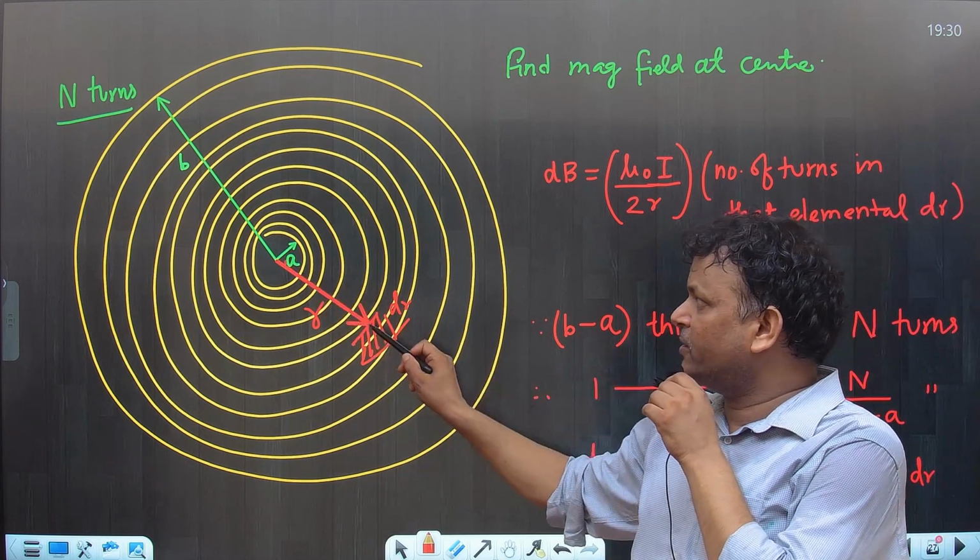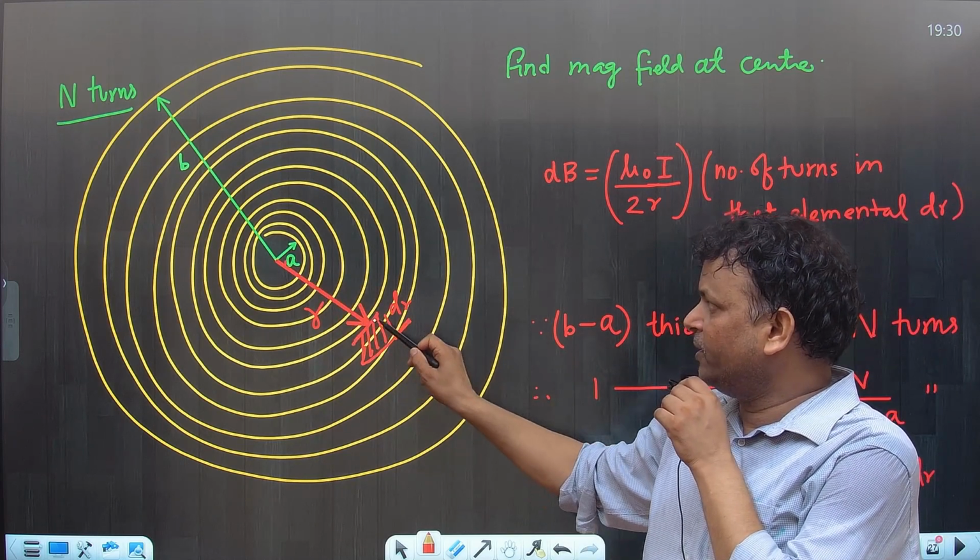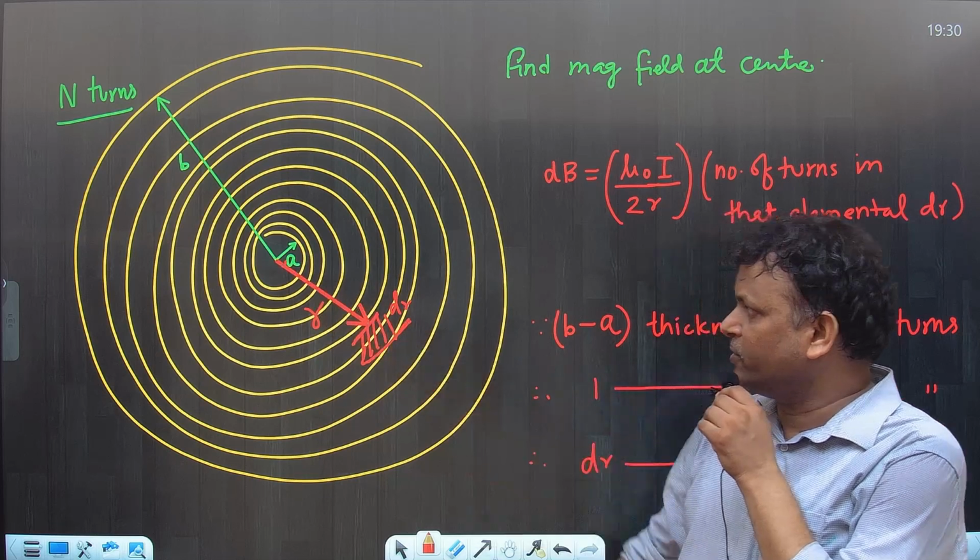You just take an element of thickness dr at distance r.